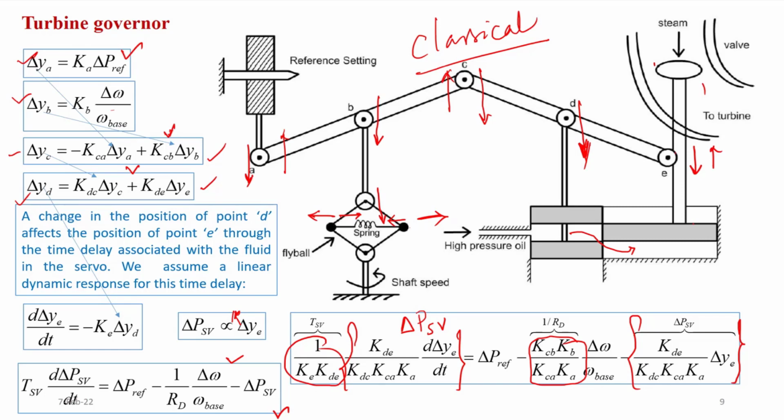This time constant TSB may change, and 1 by RD, this regulation constant, or we can say droop coefficient, may change, but the equation pattern will remain the same for this governor system, which is applicable for both hydro turbine as well as steam turbine.